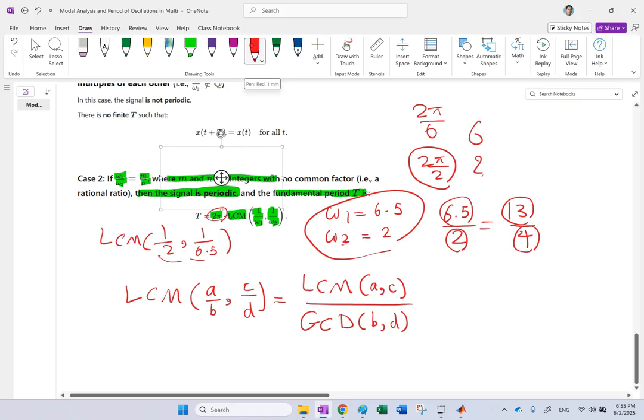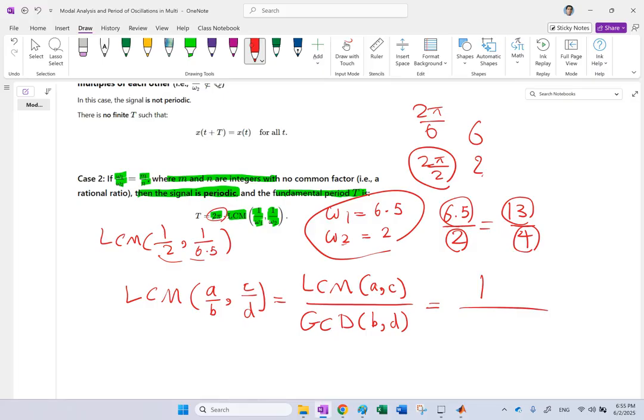A and C are 1 and 1, so your LCM is simply going to be 1. And then what is the greatest common divisor of B and D, which in this case are 2 and 6.5.